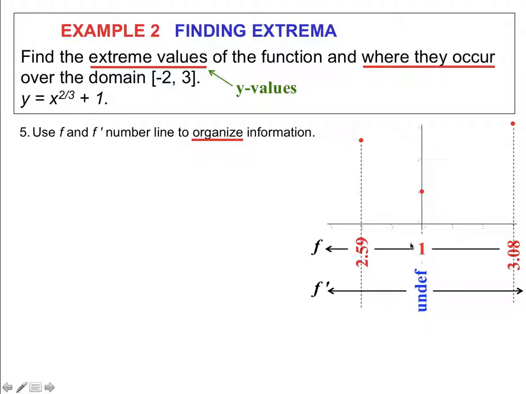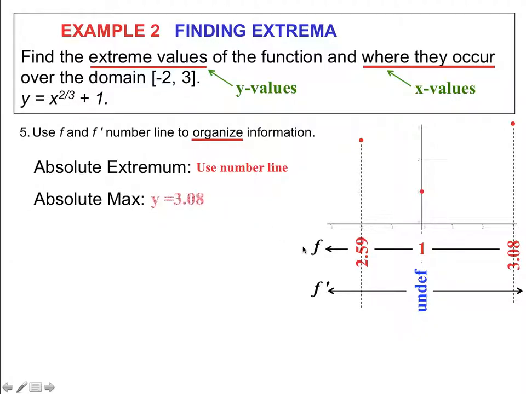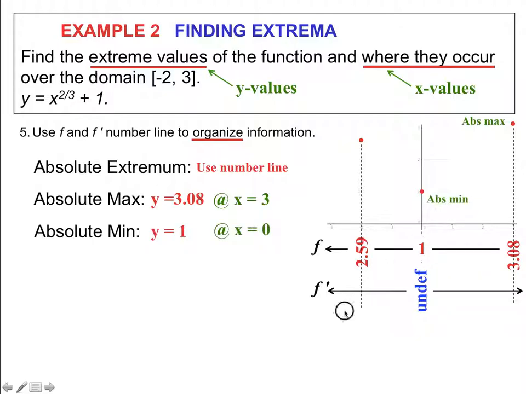So we're going to get those y values and where they occur. So the absolute extremum, we're going to look at that number line. Our max is going to be 3.08, and that occurs out here at the endpoint, x equals 3. Our absolute min is 1, and that occurs when x is equal to 0. So there's our absolute min.